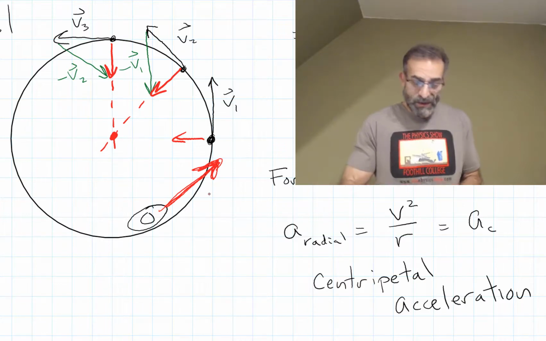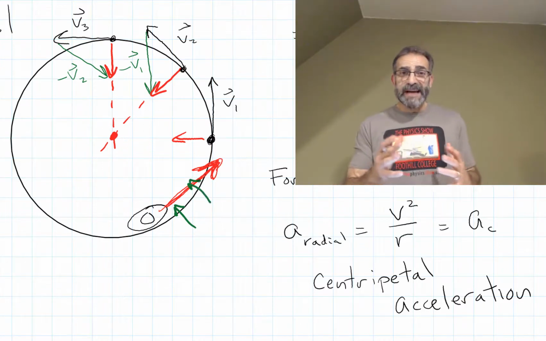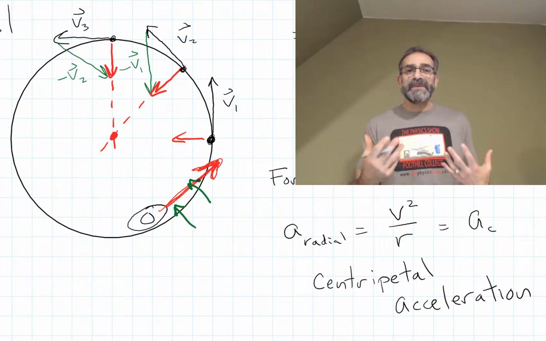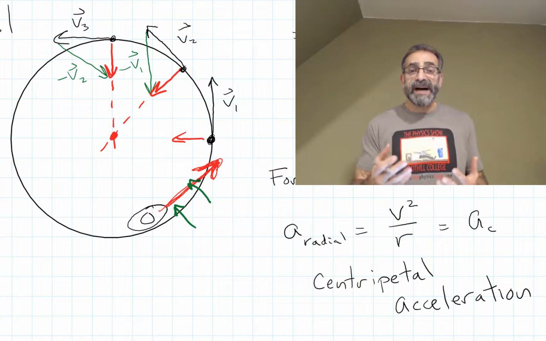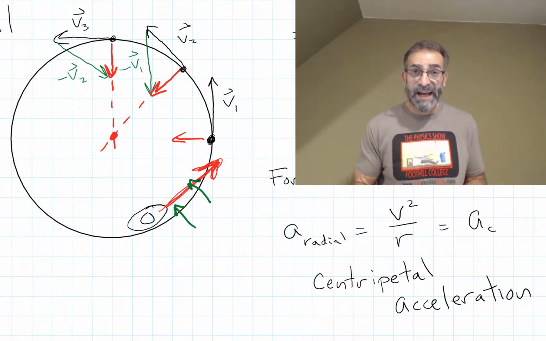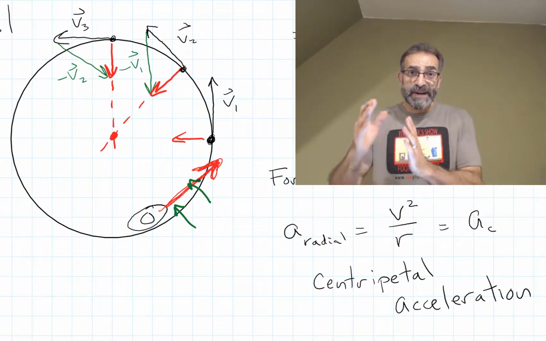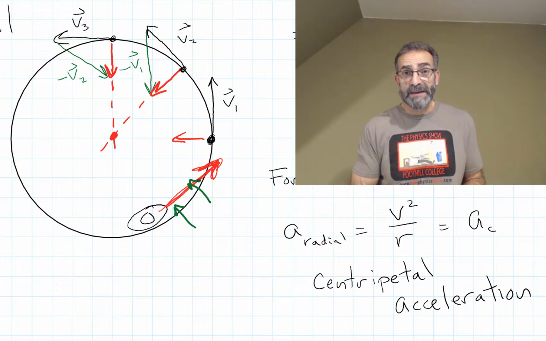The wall gets in the way, and the wall pushes in on you. As your body tries to go in a straight line, the wall pushes in on you, and so you feel as if you're being pushed into the wall. But really, it's just your body's inertia wanting to go in a straight line, and the wall pushing in on you to change the direction of your velocity and keep you moving in a circular path.